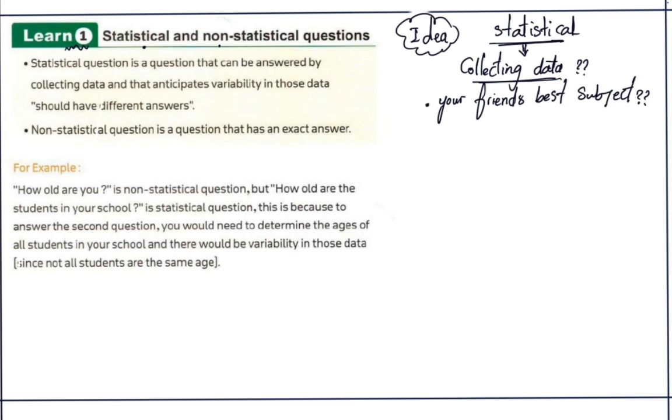To answer this question, you need to go to every student among your friends and ask them about their favorite subject. Right? Now you are collecting data, so you are doing something statistical. That's the meaning of statistical.